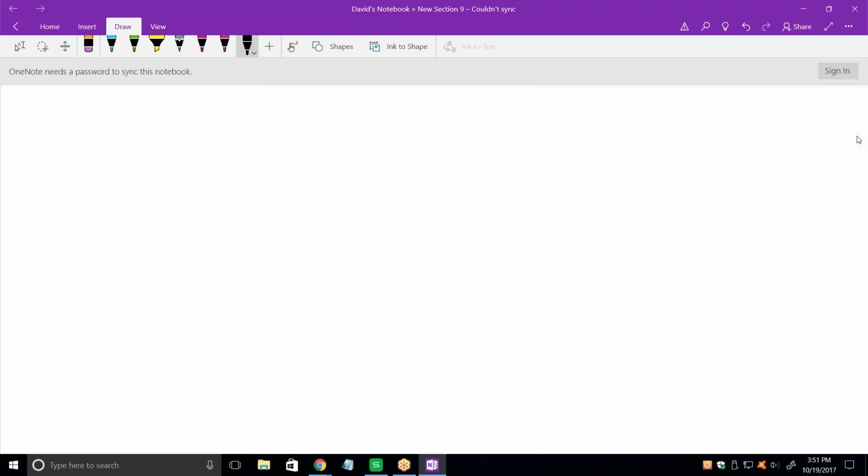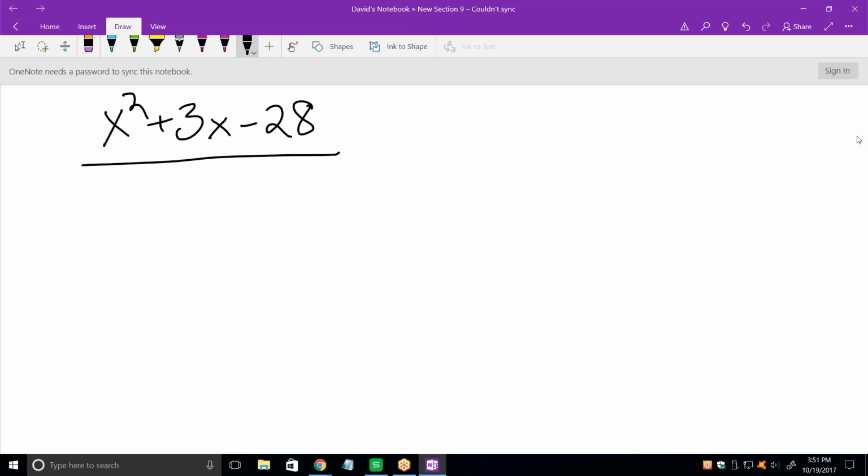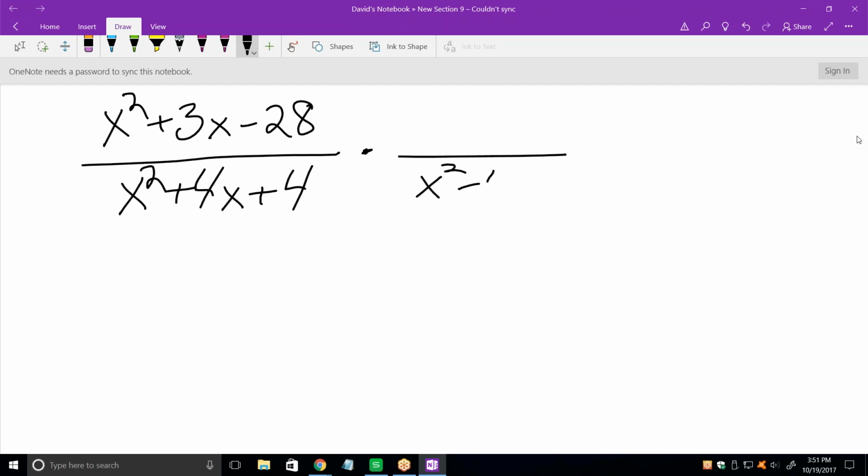X squared plus 3x minus 28 over x squared plus 4x plus 4, and then divided by x squared minus 49 on top, over x squared minus 5x minus 14.